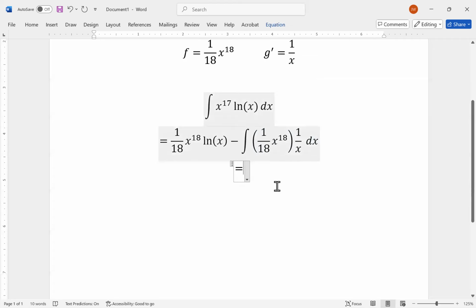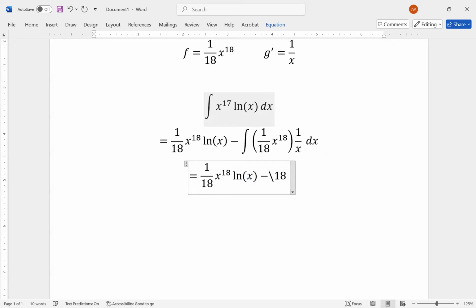So then I just have to algebraically manipulate this and then integrate it. So I have 1/18 x to the 18th power multiplied times natural log of x, minus integrate 1 over 18 times x to the 18th times 1 over x.